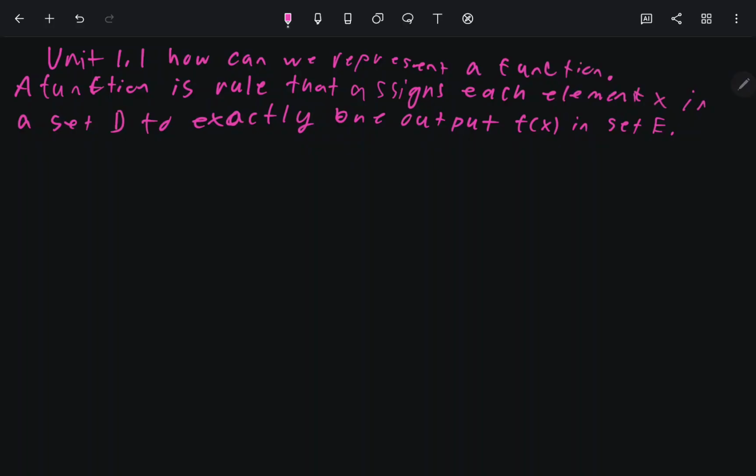But to break it down, what this is really saying is for any value x, there can only be one value f of x that it corresponds to.